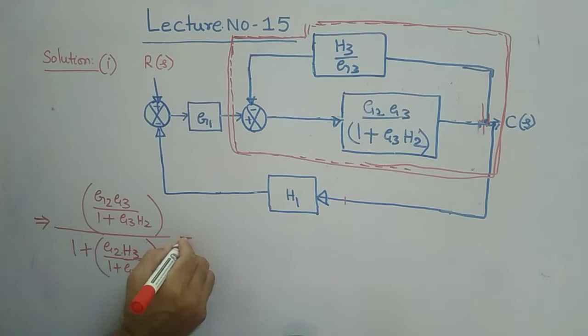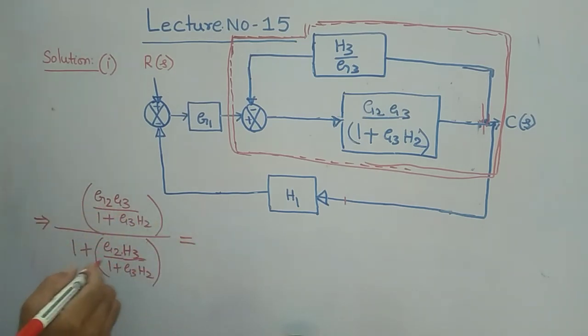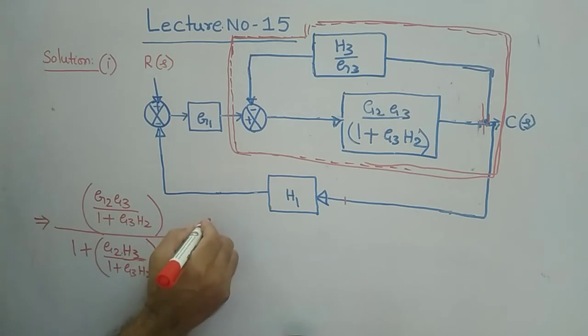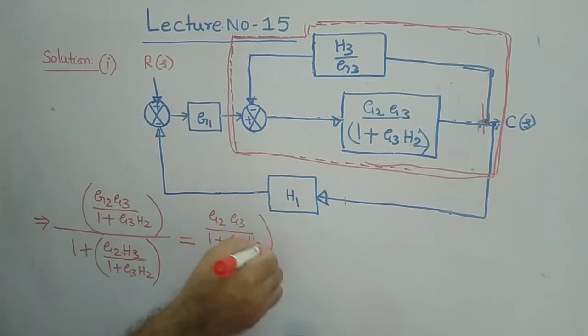Now you further simplify this. Further, this is equal to this one. If you simplify this product, what will you have? In the numerator, you have same G2 G3 by 1 plus G3 into H2. This is your numerator.